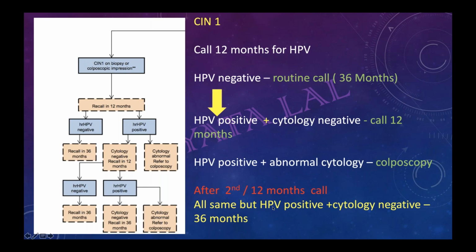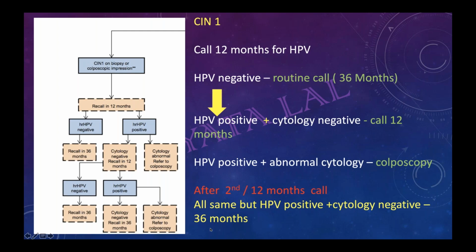If it is positive, you will again do reflex. If reflex is abnormal, go to colposcopy. But in the situation where reflex has come negative the second time, you will not do any other follow up. You will send this patient to the 36-month or 3-yearly call.